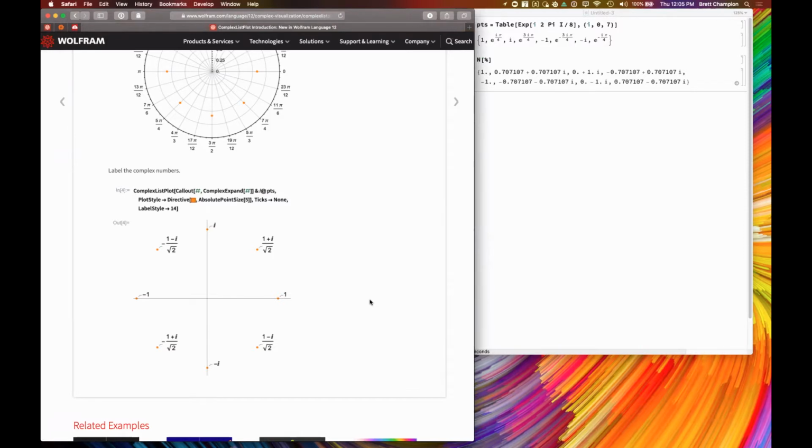I mean, you could do it previously. You had to manually apply Re and Im to your values. If you had wrappers like Callout or Style or Labeled, it would have been trickier to extract the real and imaginary parts at the right place in a robust manner. So that part's all automated and easy to use now.